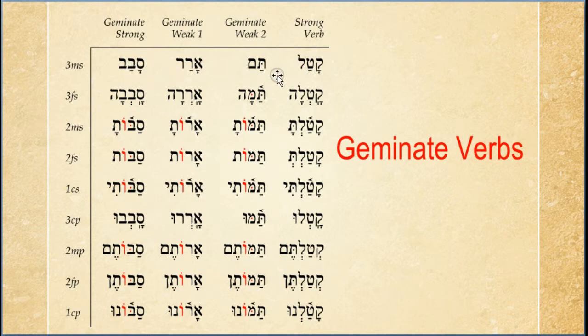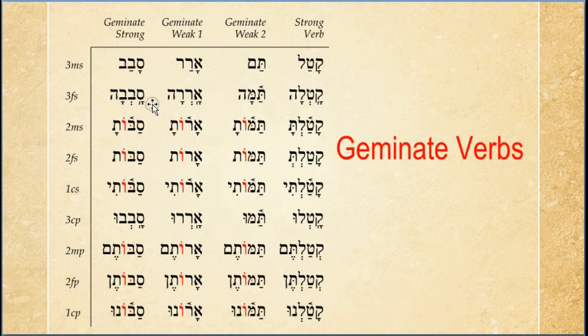Tam or tamim here is complete or perfect. That's what it means. And what happens with the geminate? Well, you can almost guess that the second consonant that keeps repeating is going to drop out.